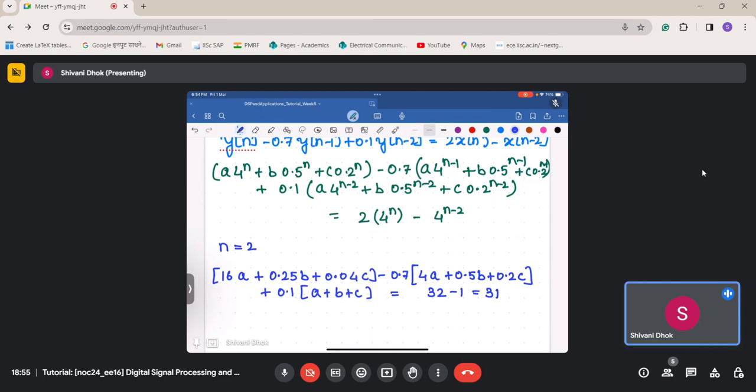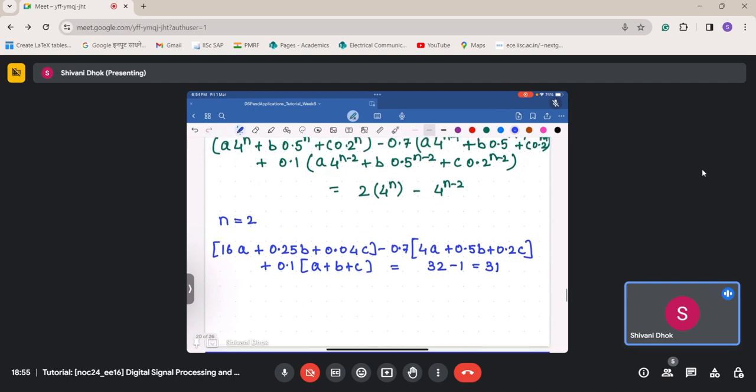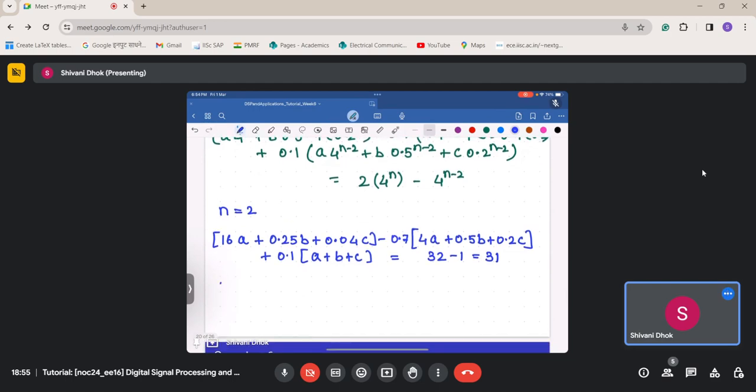Now we'll combine the terms corresponding to a, b and c respectively. Let's consider a. The terms corresponding to that are 16 minus 0.7 into 4 plus 0.1. Then we have b, and the terms corresponding to that are 0.25 minus 0.7 into 0.5, which is 0.35, plus 0.1.